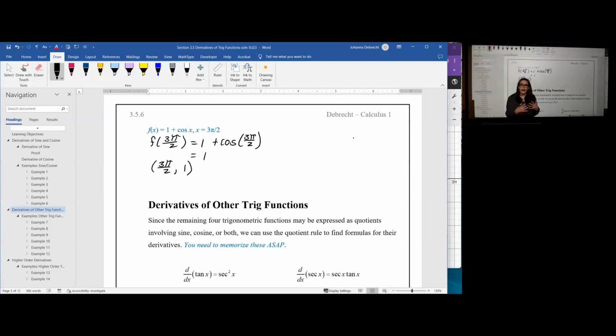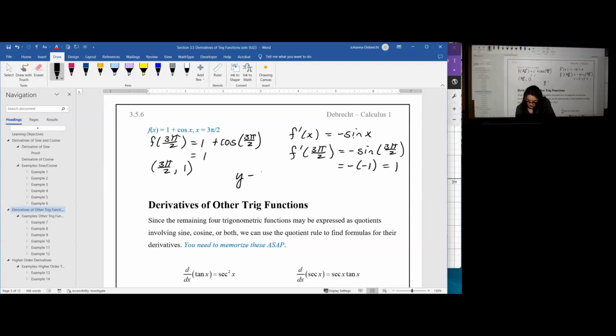Now we need the slope at that point. So we take the derivative of the function, 1 plus cosine x. The derivative of that function is going to give me negative sine of x. Then I substitute 3 pi over 2 in place of the variable to find the slope specifically at that point. The sine of 3 pi over 2 is a negative 1, so I get a double negative, which gives me a slope of 1.